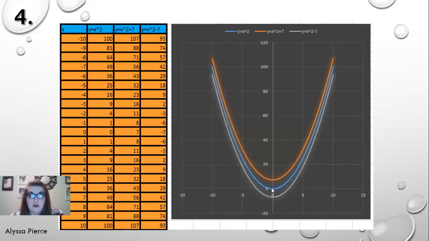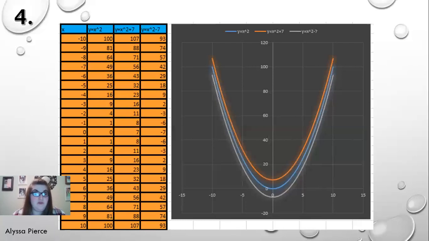Now if you go to our neutral blue line here and you go down to the silver line, you can show that that is subtracting 7, just like our problem. Y equals x squared minus 7. So you can see that they are all forming this up-down U here, this parabola, but they're all spaced out by 7 because that's what the function they gave us did.